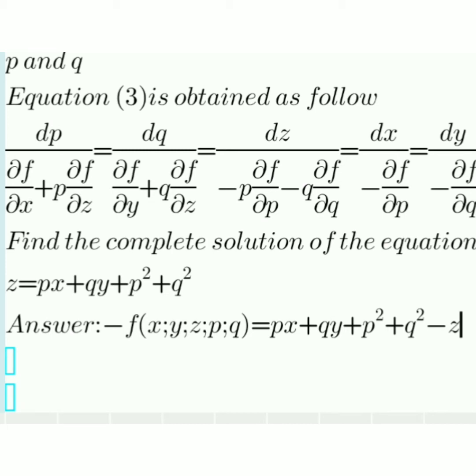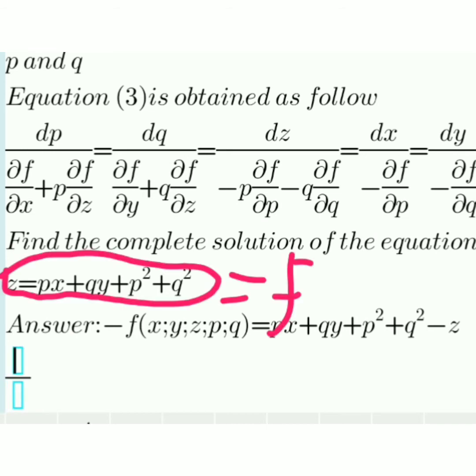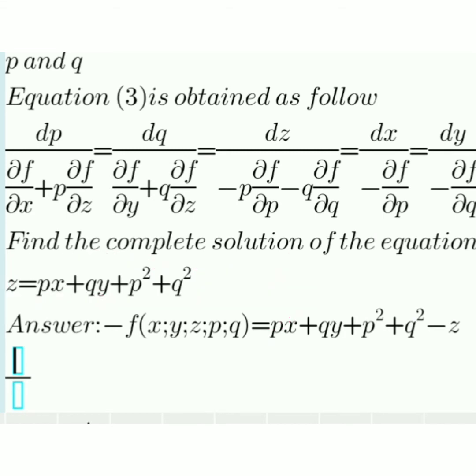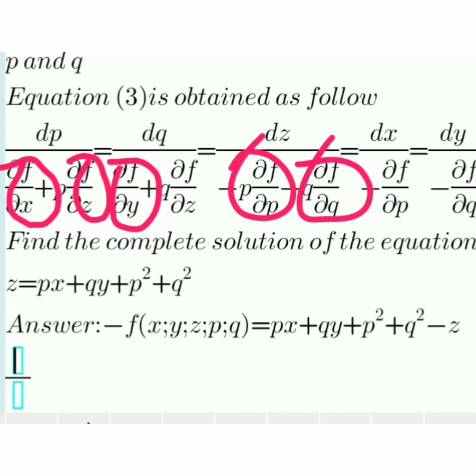And after that, friends, whatever I have told, I have to find del f by del x, as in the equation. I need del f by del x, del f by del z, del f by del y, del f by del p, and del f by del q.